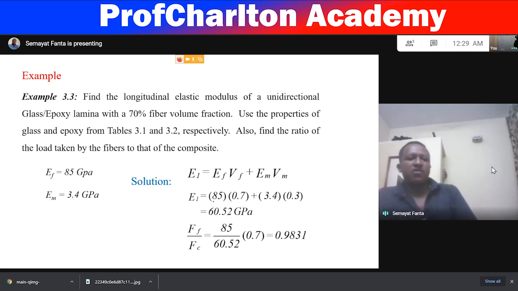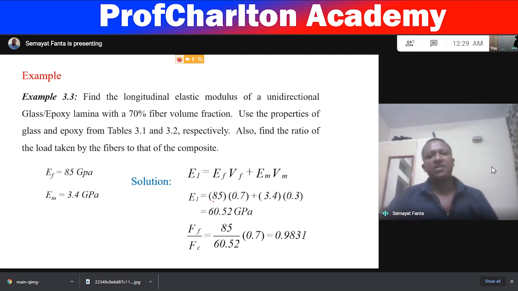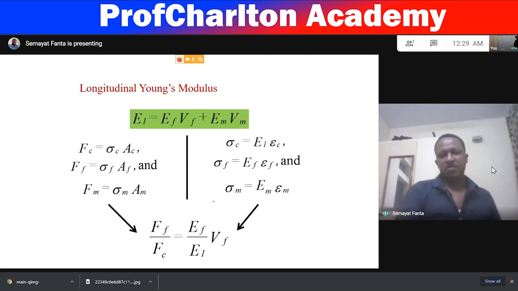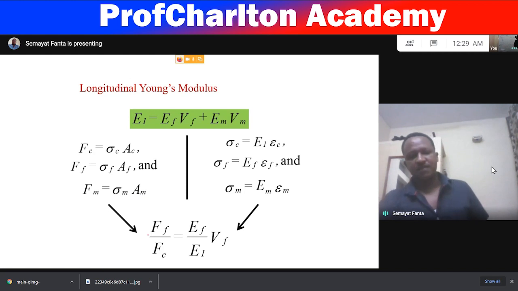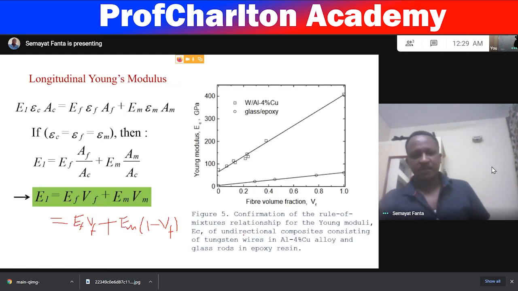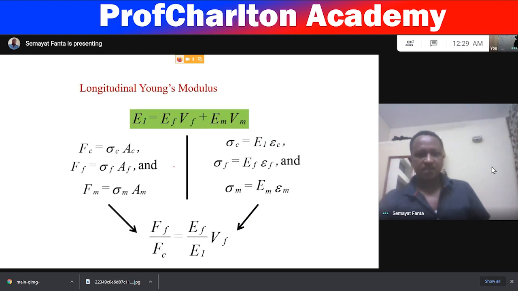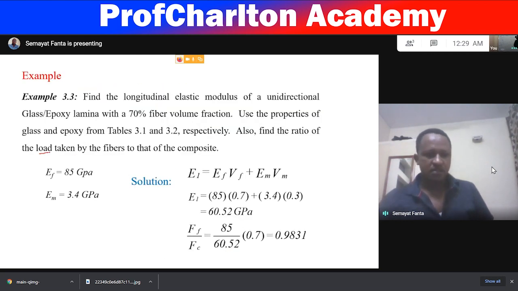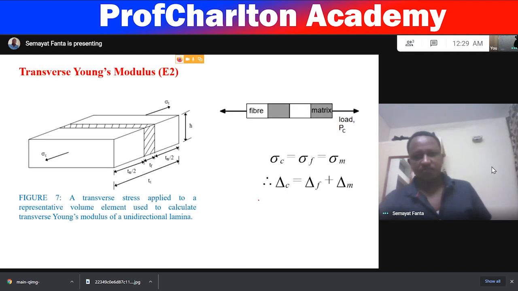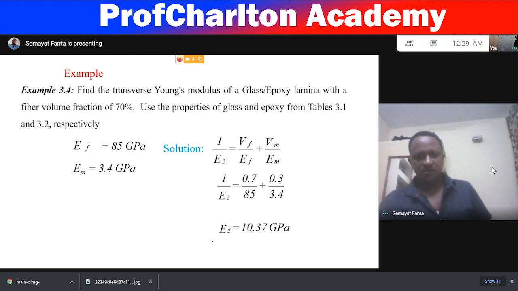And find the ratio of load taken by the fiber to the composite. So this is the ratio of the load taken by the fiber to the composite. The question here implies the load taken by fibers to composite means this load.